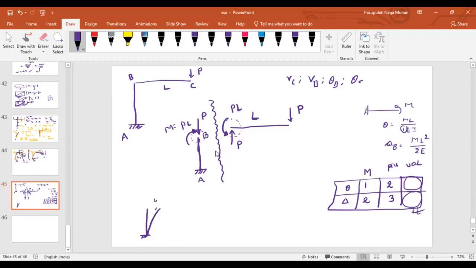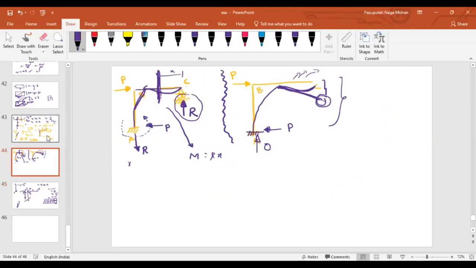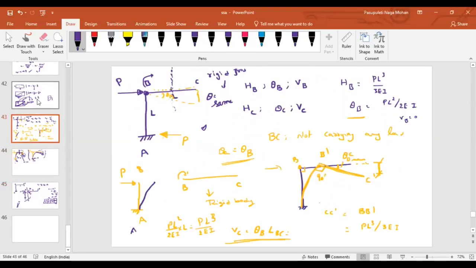Now, what will be here? There will be some rotation here, theta B. Now, if I add these two, how am I going to find out my deflection at point B? Now, let me go back to the previous case. If there is no load here, how have we found the deflection at point C?